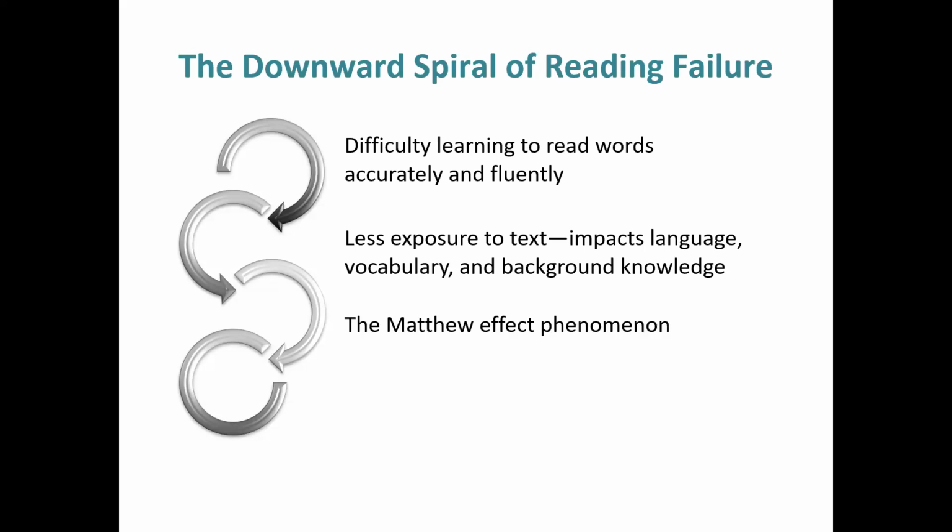Keith Stanovich called this phenomenon the Matthew effect. Students who read early are going to continue to improve as they read more and more text, so they become richer in language, vocabulary, and background knowledge. Whereas students who don't learn to read early could continue to struggle.